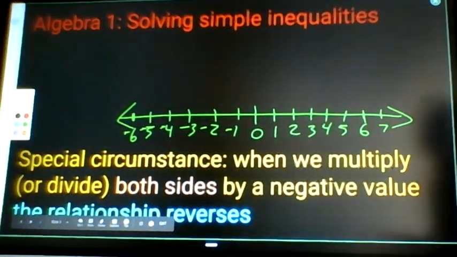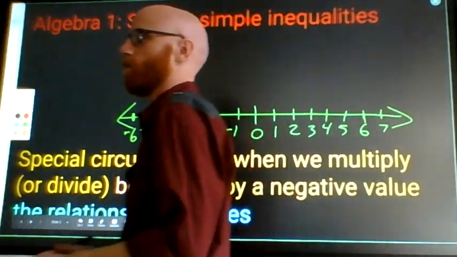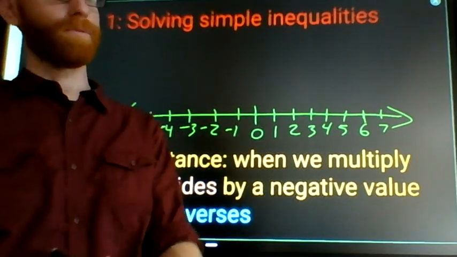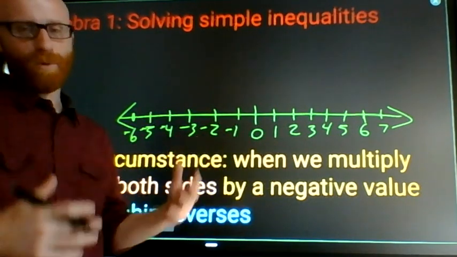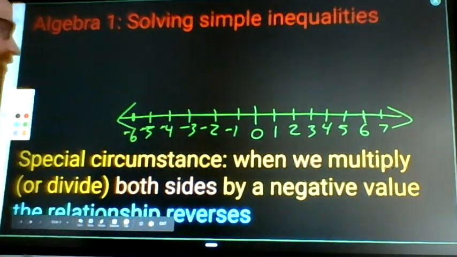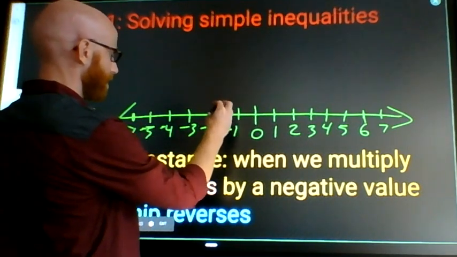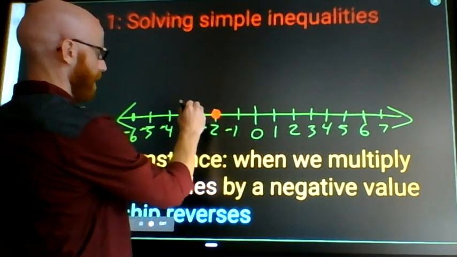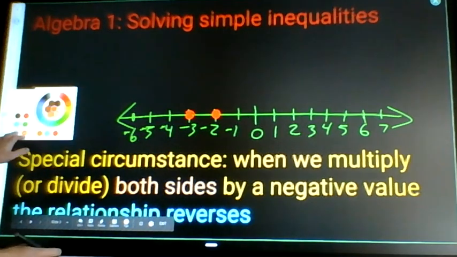Why does multiplying by a negative value result in flipping an inequality symbol? I'm going to show you one example of why it works and let you know that in general, multiplying by negatives works this way. So let's say you start with the values negative 2 and negative 3.